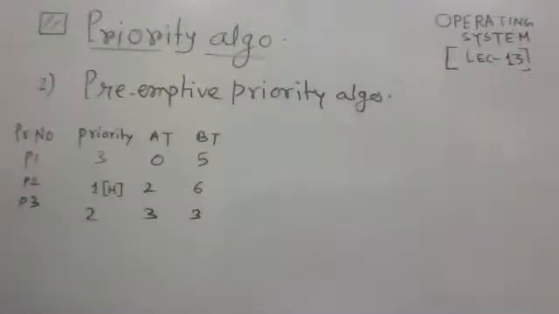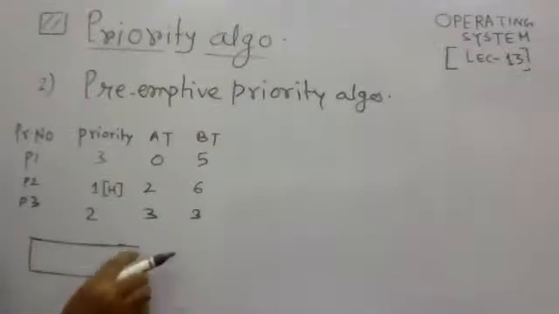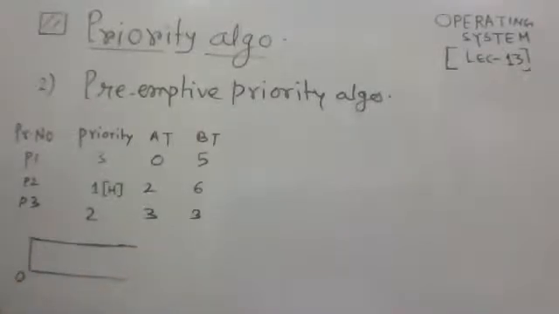Now draw the schedule chart first. The schedule chart should be like this. This is 0. Always start from 0. Now check priority. The highest priority process is actually P2, but at time 0, P2 is not present in the ready queue.